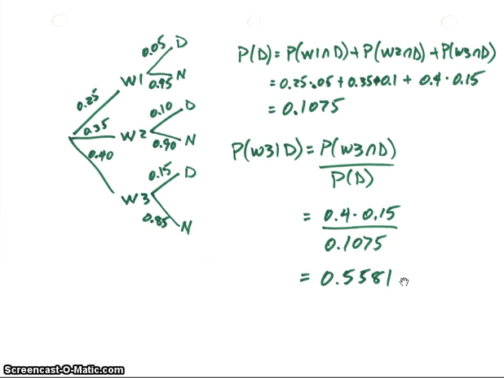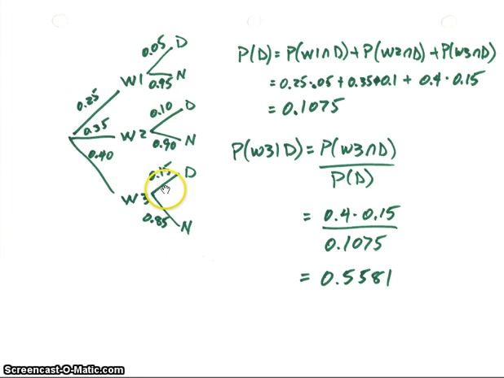Now we can also look at this and see if it makes sense. If we just look at the percentages that each of the workers are making, for any given part, what's the probability it came from worker 3? The probability would be 0.4, or 40%. Now if we look at the percentage of defectives, worker 3 is making the most defective parts.